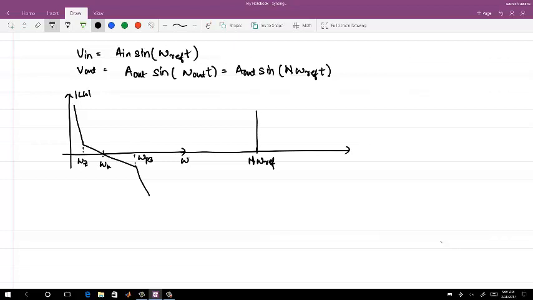Then I have the reference spurs plus and minus the reference frequency away. This one is at omega out plus omega ref, and this one is at omega out minus omega ref. This is the output voltage spectrum. I extend the same frequency axis to show what the confusion is.